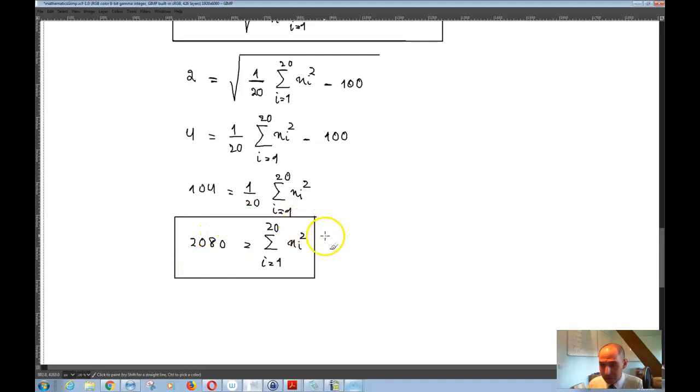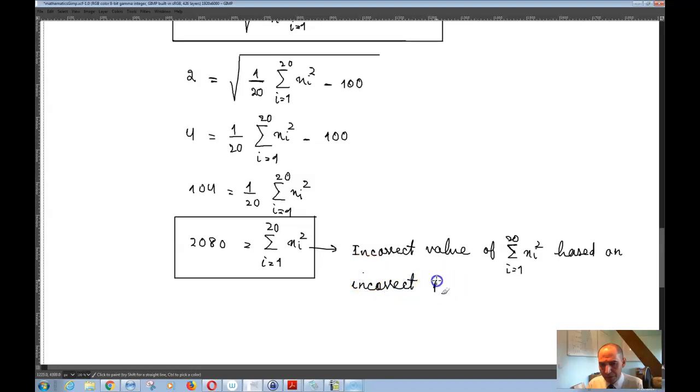Of course, this thing over here is the incorrect value of sigma x of i squared as i goes from 1 to 20, based on incorrect inputs.